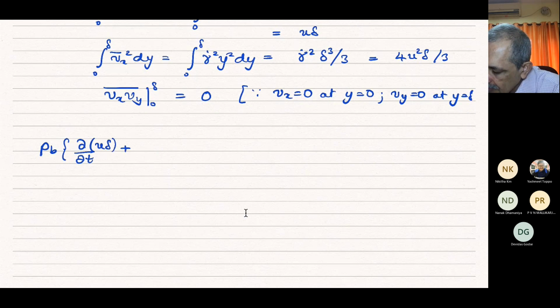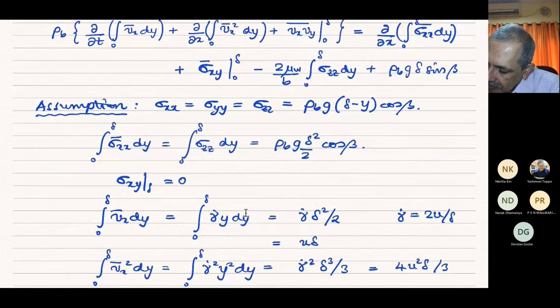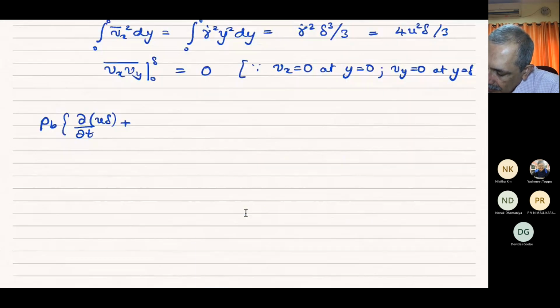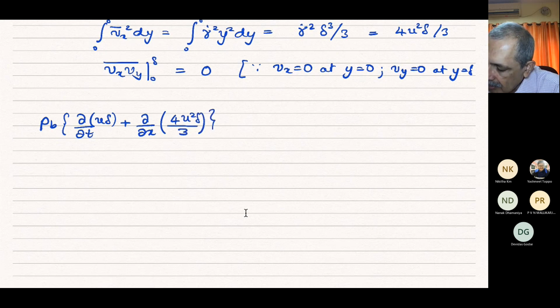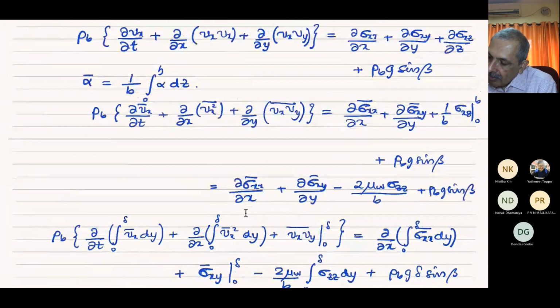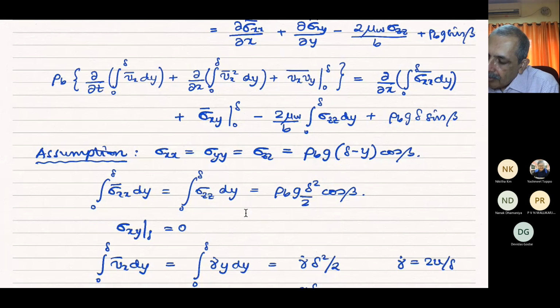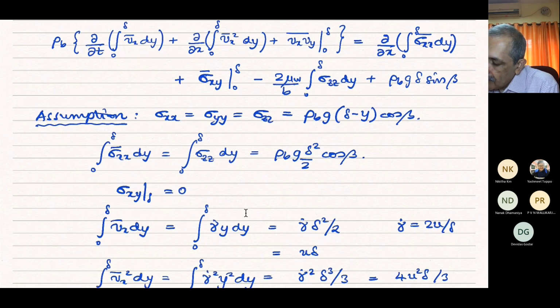The second term is the one for Vx squared, d by dx of Vx squared, and that is nothing but 4 u squared delta by 3. Then the third term, that is Vx Vy, is 0.